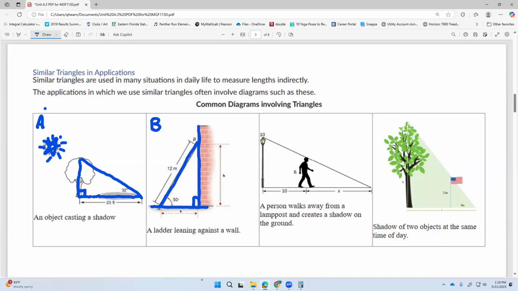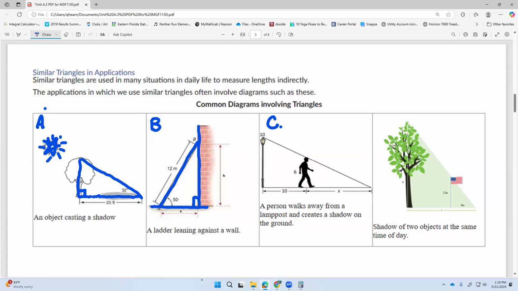Another type of diagram that you will see commonly, this is going to be in some of the more challenging problems because it actually involves two triangles, but it's one nested inside of the other. This would be a situation like a person walking away from a lamppost, creating a shadow on the ground.